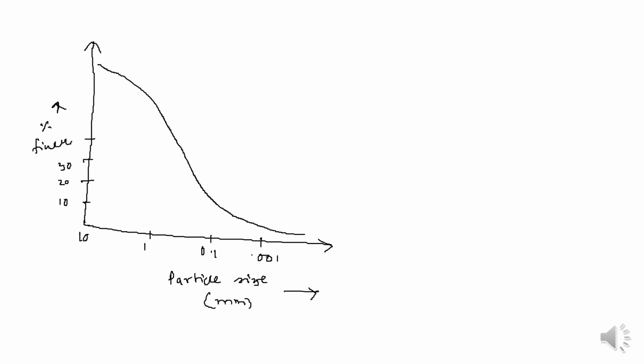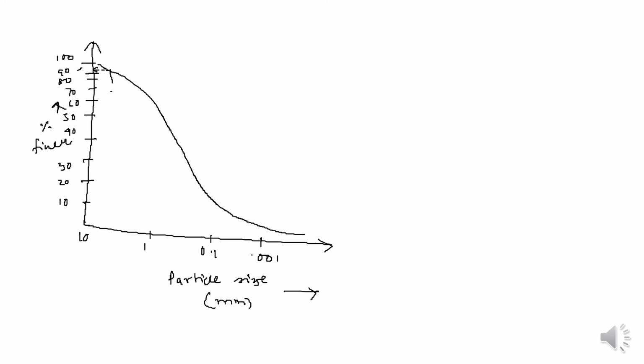Okay, so let me mark some values on the y-axis too. Suppose this is 10, this is 20, 30, 40, 50, 60, 70, 80, 90, 100. So these are some values. We can see from the table corresponding to 96% finer.